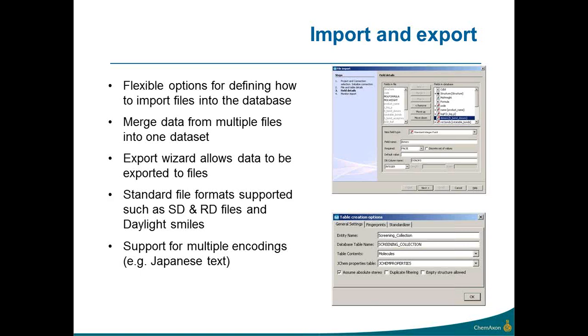All kinds of files are supported, starting from well-known SD files, SMILES, images, and PDFs. Due to an infrastructure technology, you can extract structures from PDF files and import them into Instant JChem.